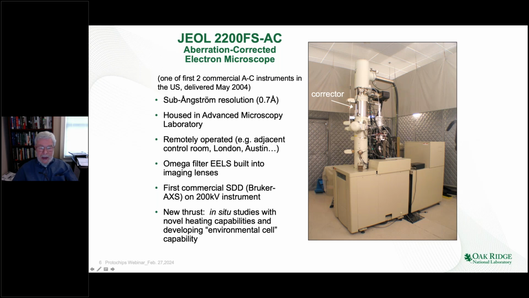And before David Nakashi got in touch with me, I had conversations with my manager and told him that now that we had this microscope up and running, I would like to think about the possibility to develop a capability to do some in situ heating studies in this microscope, ultimately to see what we could see at atomic resolution.